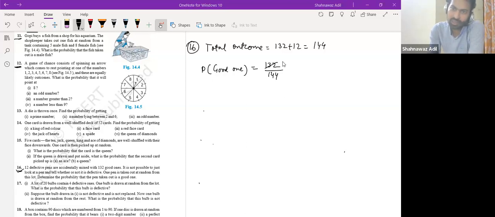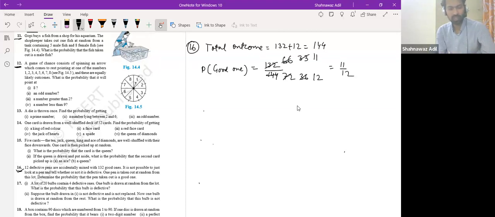Next will be your turn. Again it is divisible, so 11 by 12.